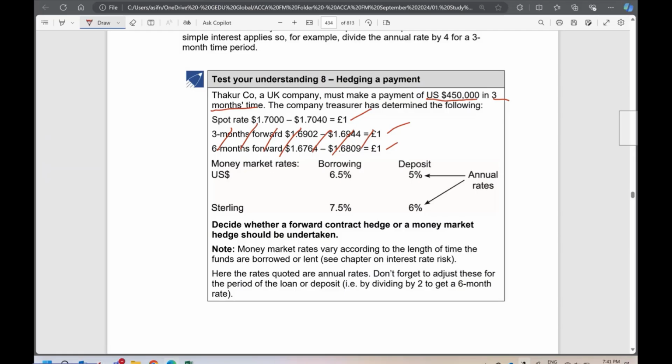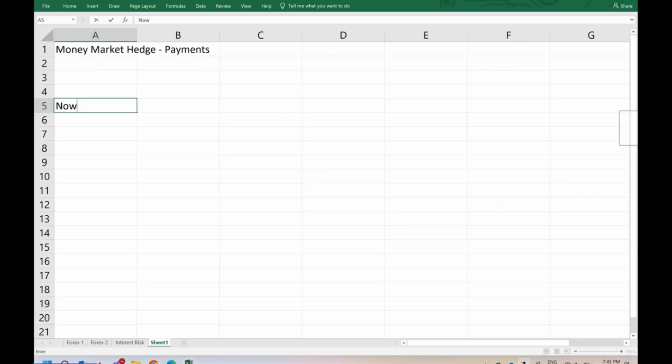Okay, so look, what is the hedging approach? Just keep in mind, always make a sketch and figure out two things: what is your home currency, or what is your first currency, second currency? HC stands for home currency here, and what is your foreign currency?